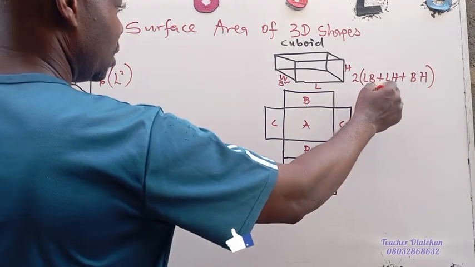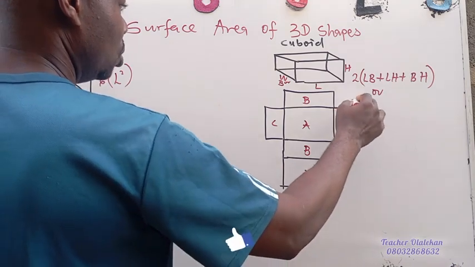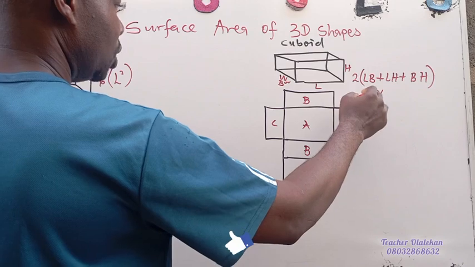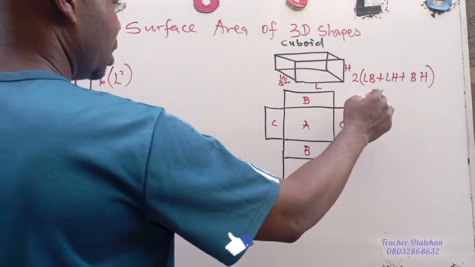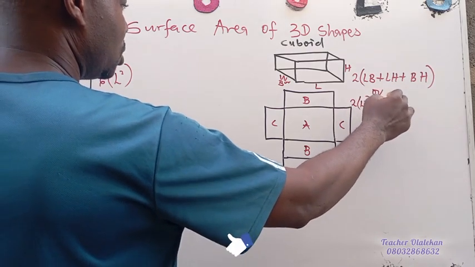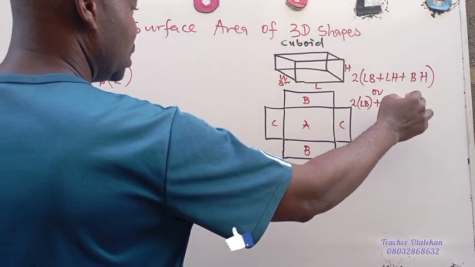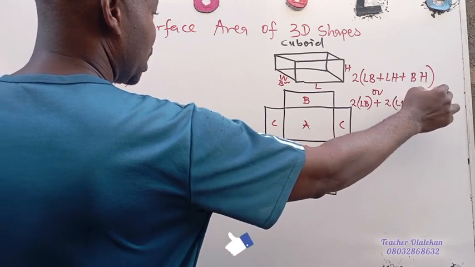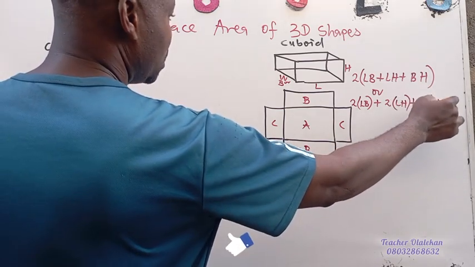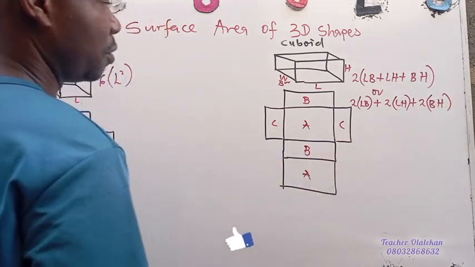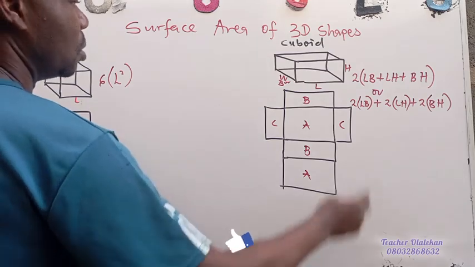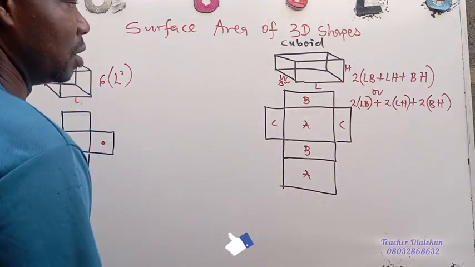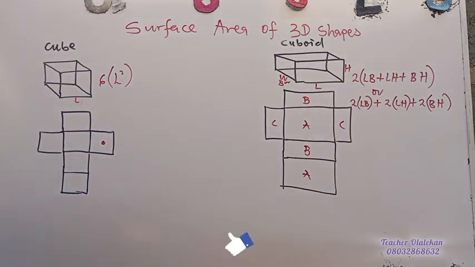Or you may also write the formula like this: 2 into bracket length breadth plus 2 into bracket length height plus 2 into bracket breadth height. Either of the 2 will definitely give you the correct answer.